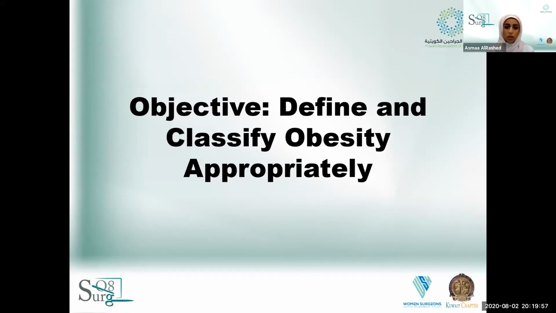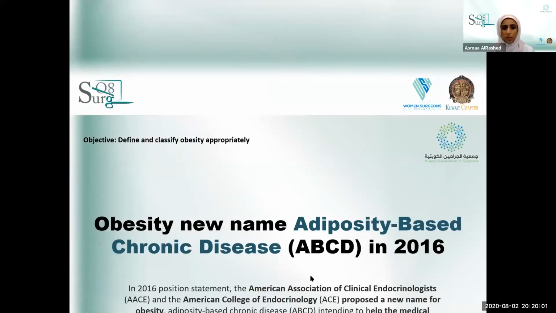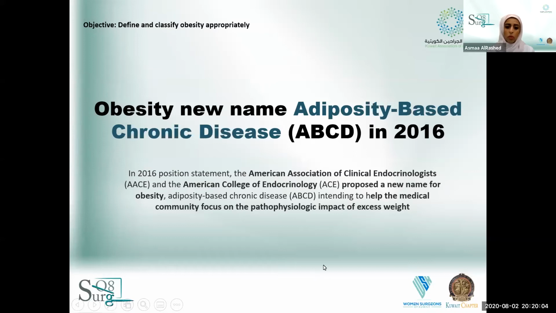As I showed you earlier, why this disease is important to know and what the burden and the impact are, it's important to know what obesity is, right? People have different ideas about obese people, but one of the most important things I want to bring to your attention is that when you describe people with obesity, it often focuses on the appearance or the weight. So in 2016, the American Association of Clinical Endocrinologists, as well as the American College of Endocrinology, proposed a new name for obesity, and they called it Adiposity-Based Chronic Disease.